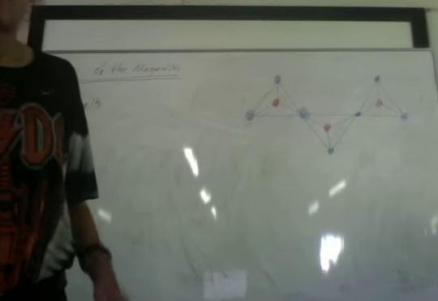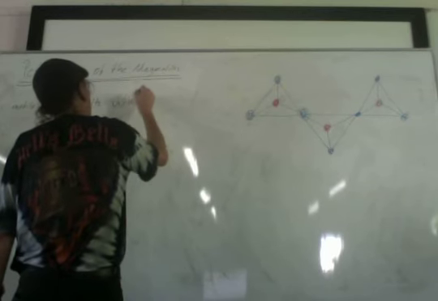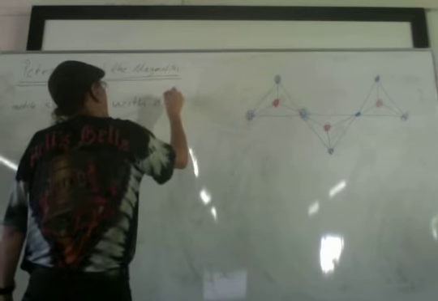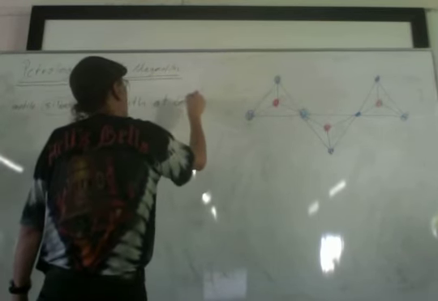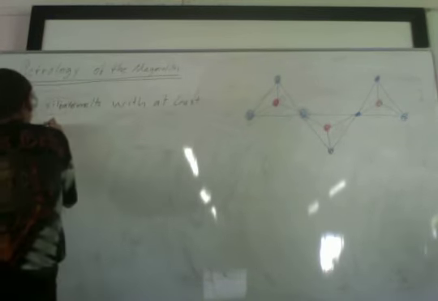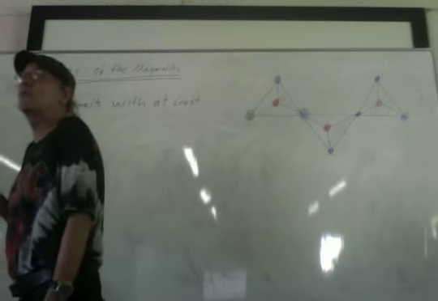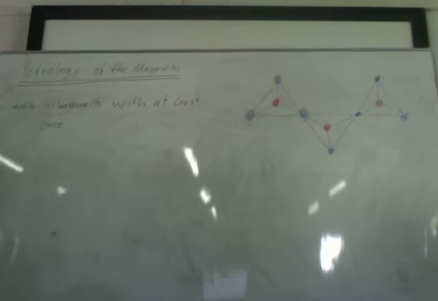So then we have a mobile silicate melt with at least one more thing. What do we also need in our melt?